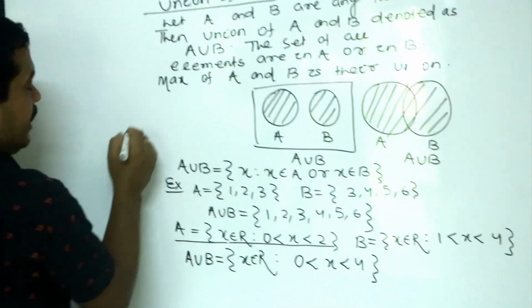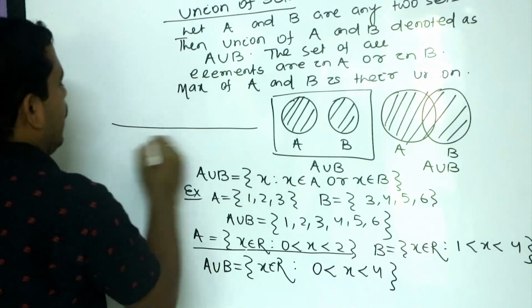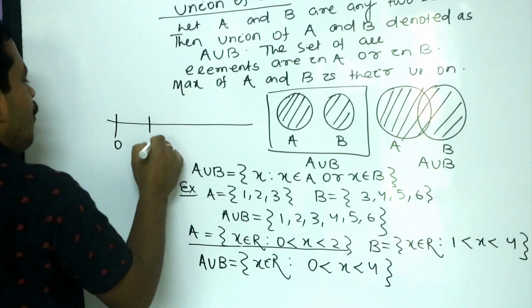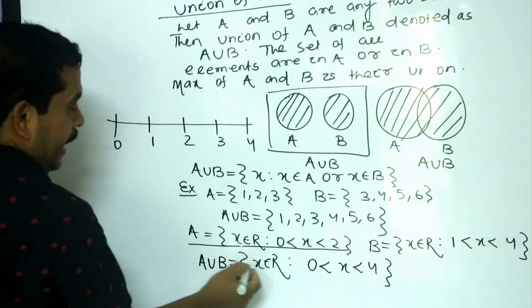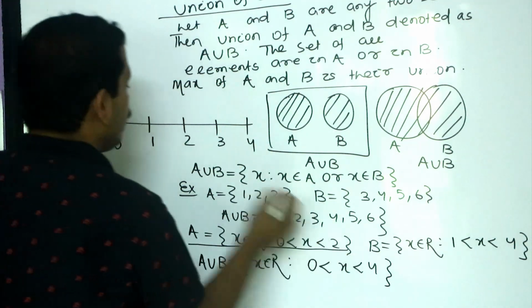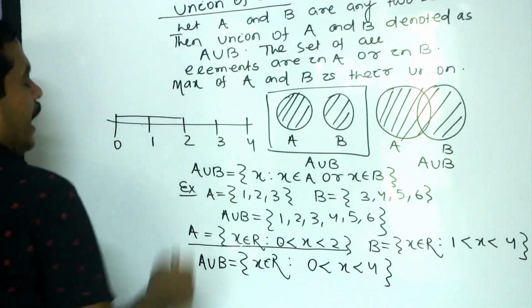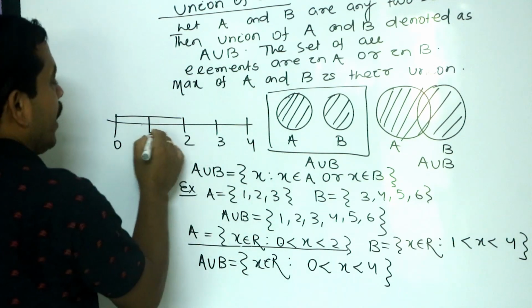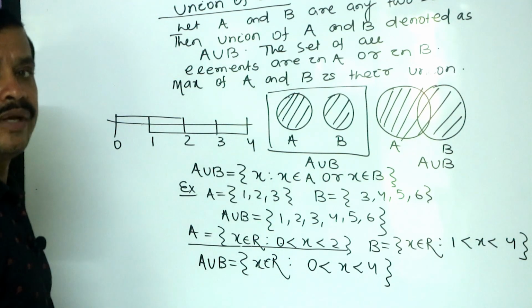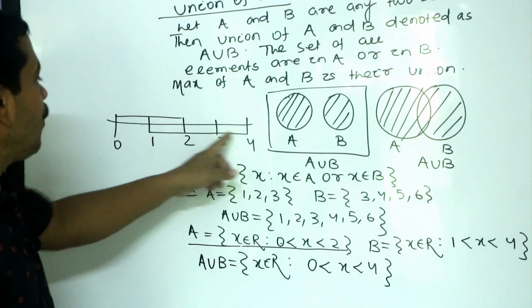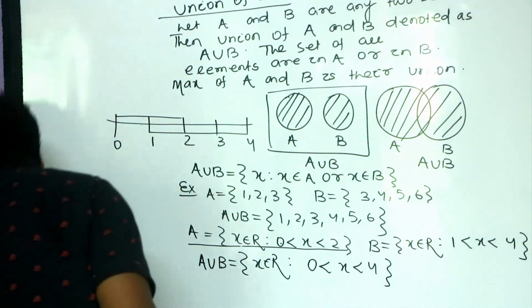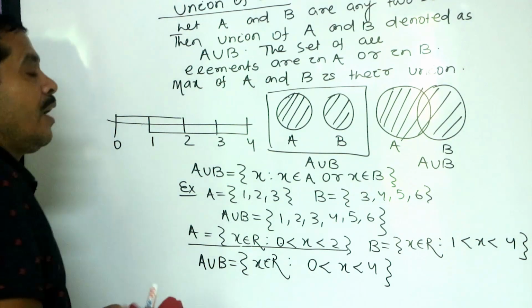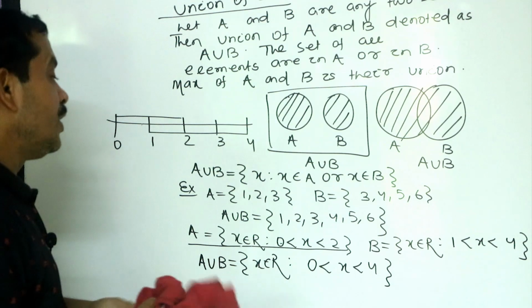If we represent it on a line, 0, 1, 2, 3, 4: A contains the elements 0 to 2 and B contains the elements 1 to 4. Then the union is 0 to 4. That is the maximum of two sets. That is the example of how we can find the union.